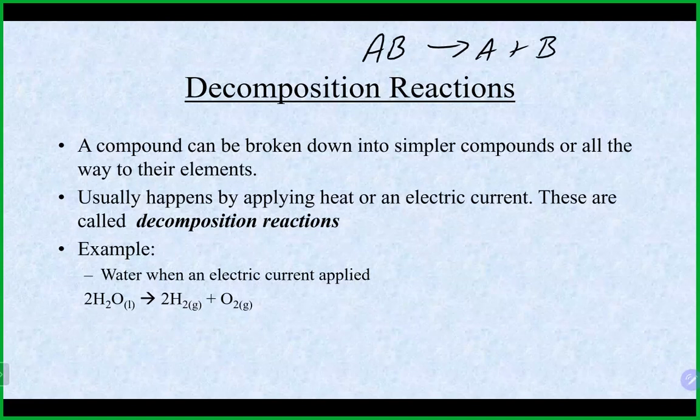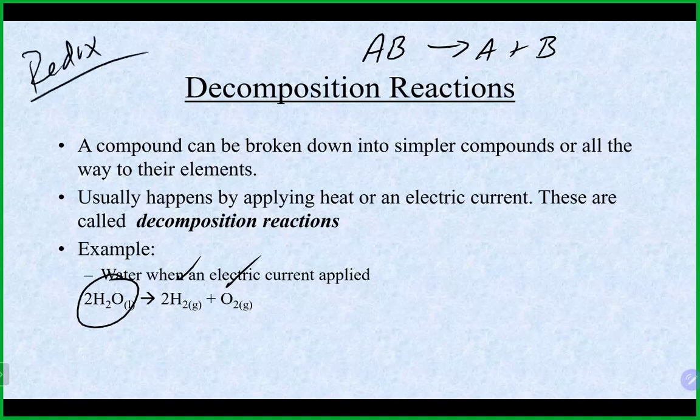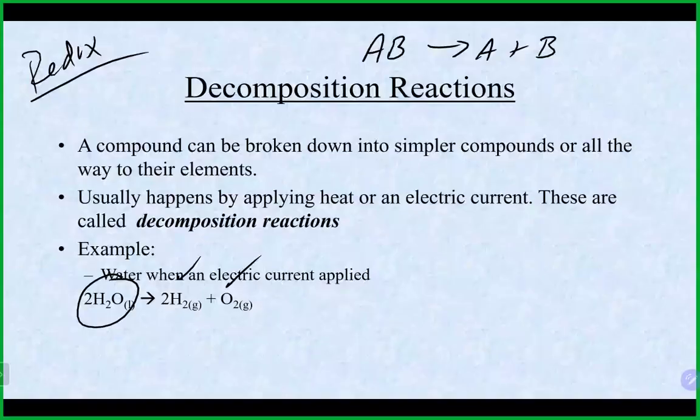Here, if we run an electrical current across water, you will get hydrogen gas and oxygen gas that will come out of it. Again, one thing makes 2 things is a decomposition reaction. Once again, these are still redox reactions. If you follow what's happening with the electrons, they are still doing that redox classification as well. Question on that?